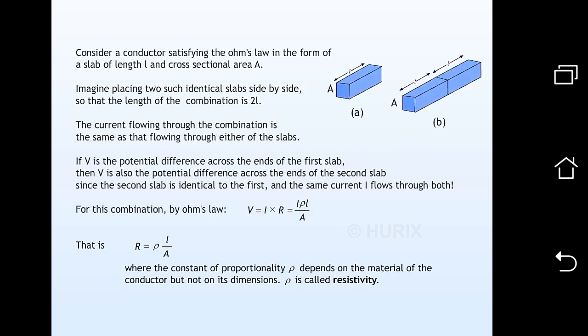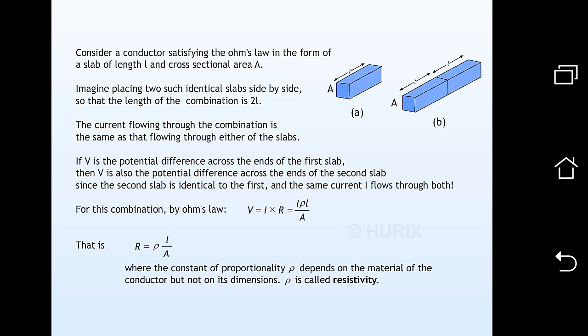Consider a conductor satisfying Ohm's law in the form of a slab of length L and cross-sectional area A. Imagine placing two such identical slabs side by side so that the length of the combination is 2L. The current flowing through the combination is the same as that flowing through either of the slabs.